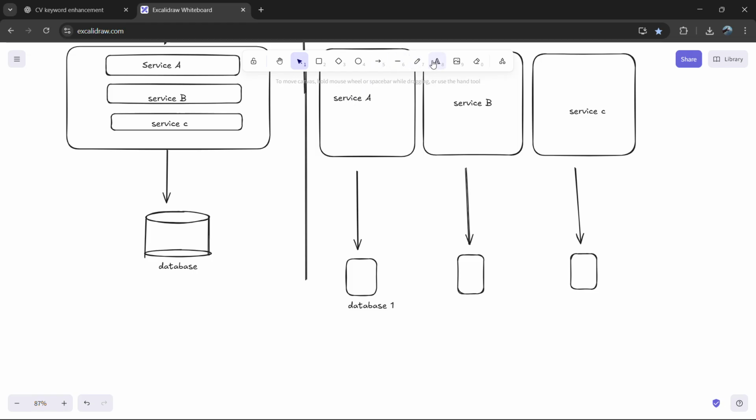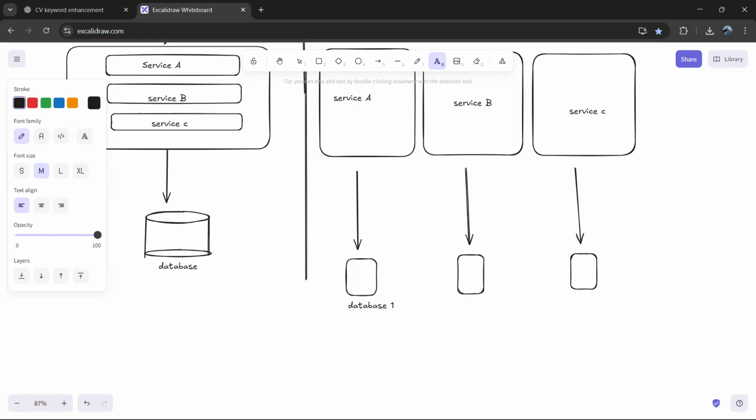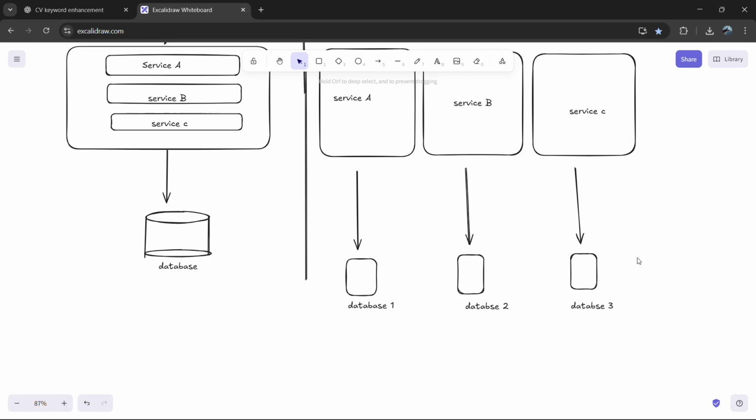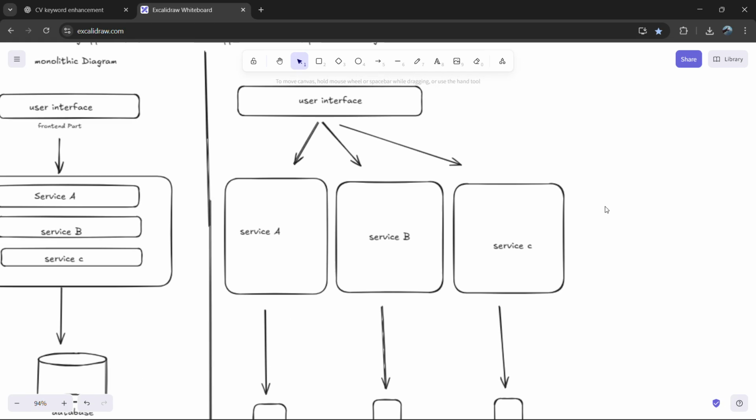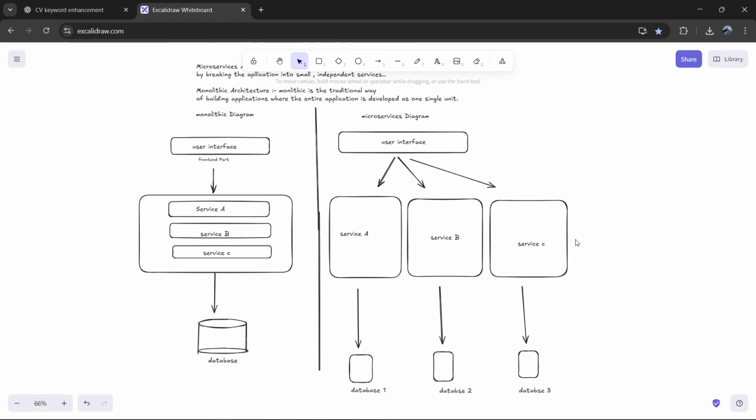For every service there will be a separate database: database 1, database 2 and database 3. Okay, so this is the diagram of microservices architecture.